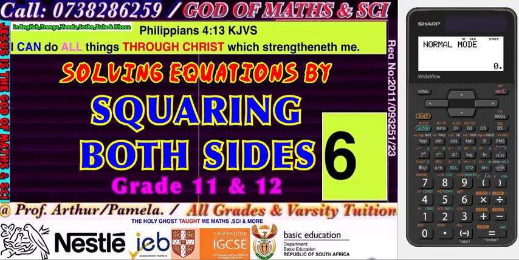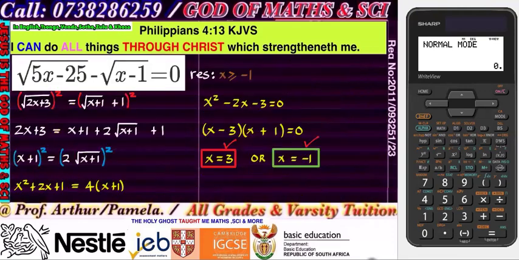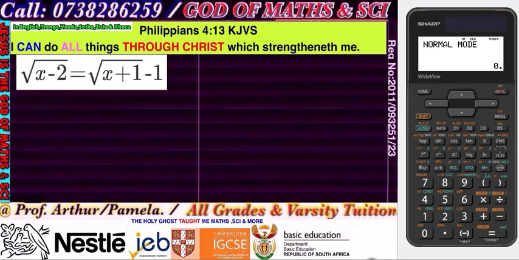All right, let's go to question number 6. Again, the first thing you need to do is the restriction. So I've got x minus 2 must be greater than or equal to 0. Transpose, x must be greater than or equal to 2.